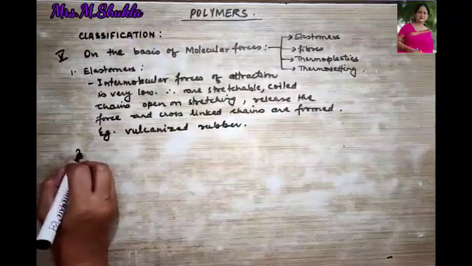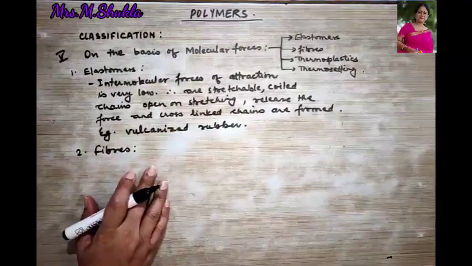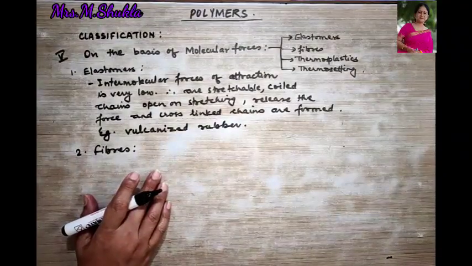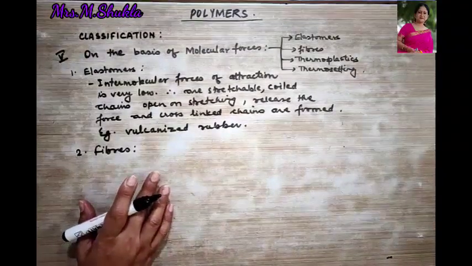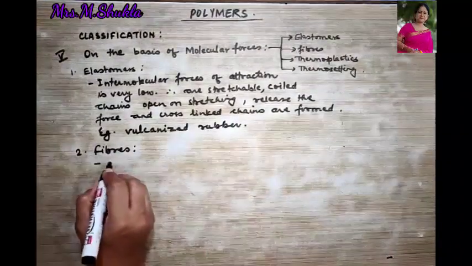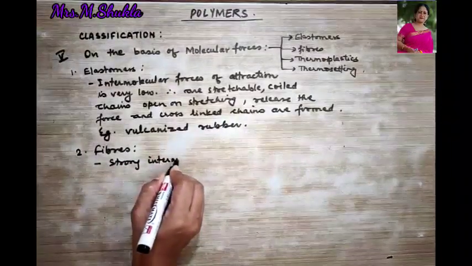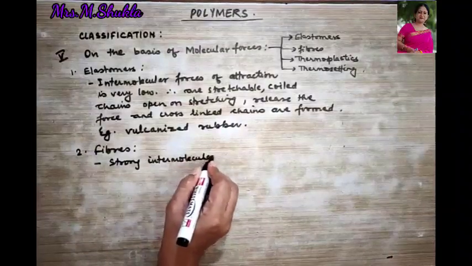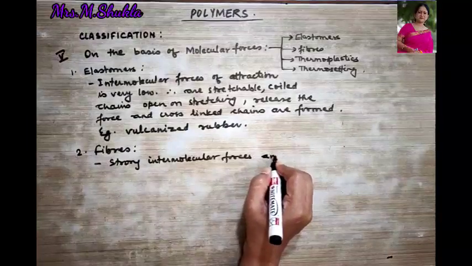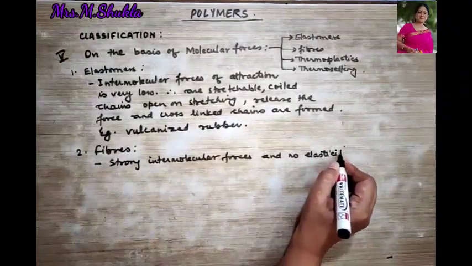Next, let us talk about fibers. What do we know about fibers? They have strong intermolecular forces, okay? And they have no elasticity. What did I say? They have strong intermolecular forces and no elasticity.